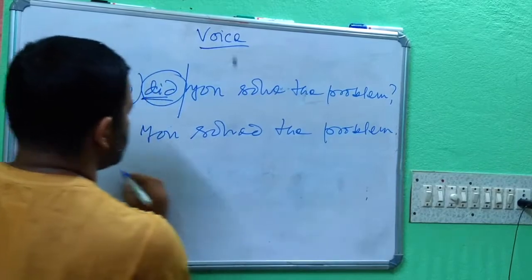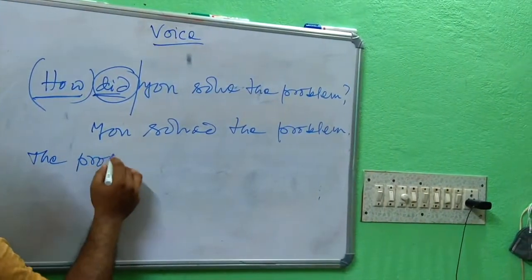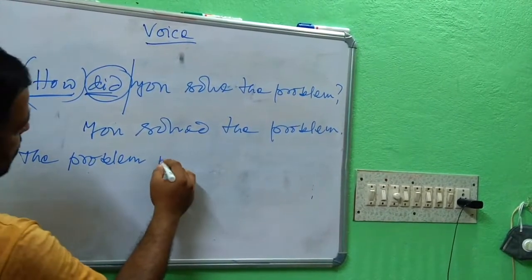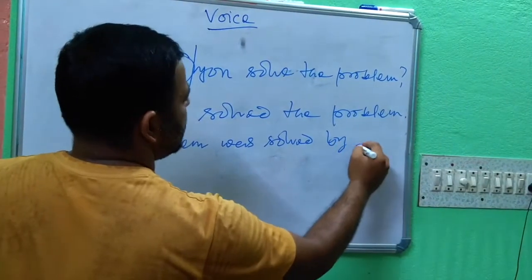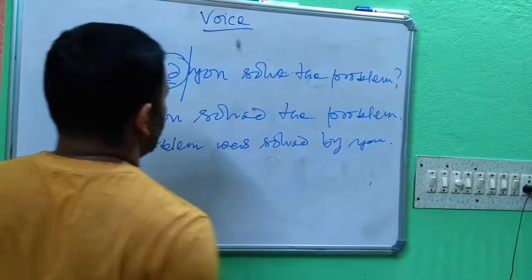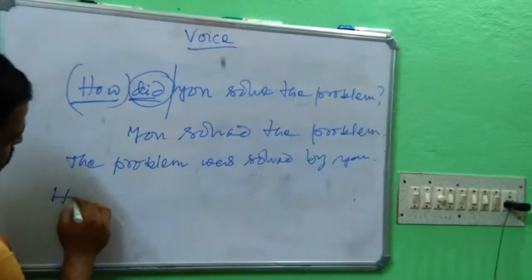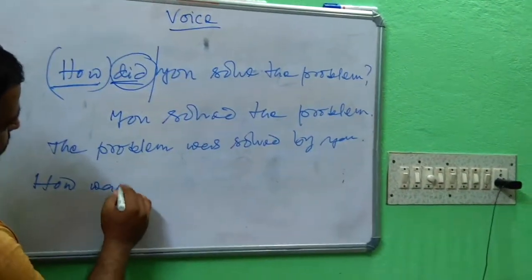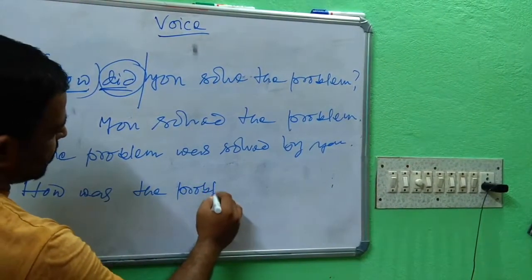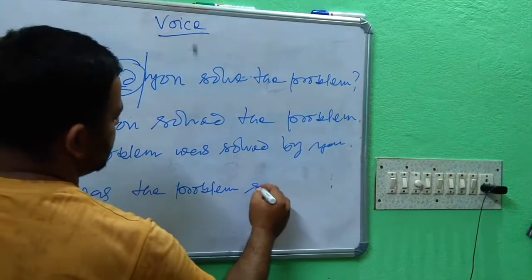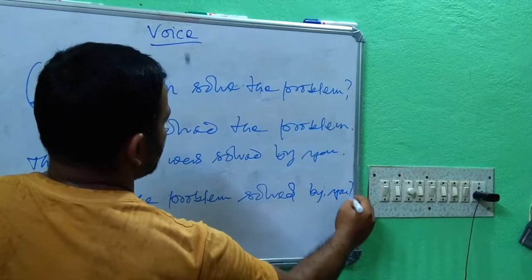Change it in passive voice. The problem was solved by you. According to the rules of interrogative sentences, you put the WH word, auxiliary verb, the subject, which is the problem, solved is the finite verb, by you.